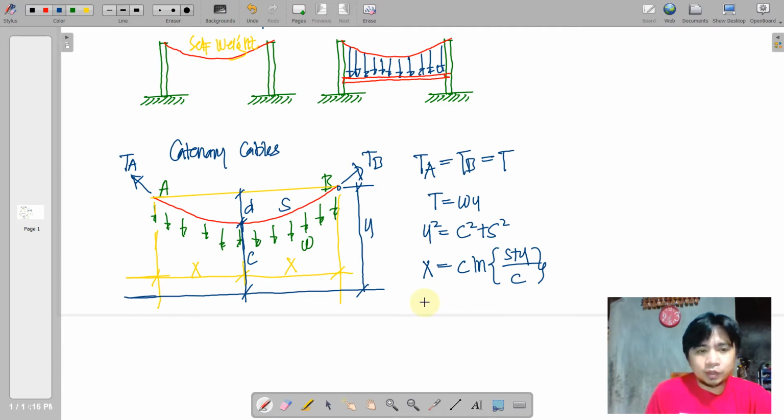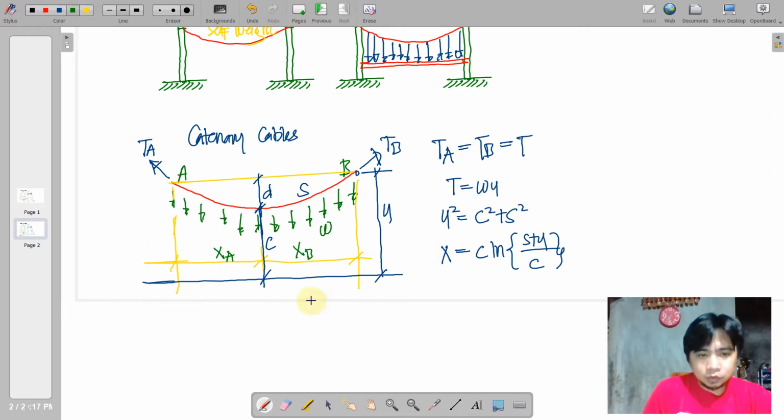Now, what if your catenary cable is unsymmetrical? This applies whenever your catenary cable falls under an unsymmetric configuration. We change the x's into xA and xB to indicate that these are different distances, and tension at A and tension at B would no longer be equal.